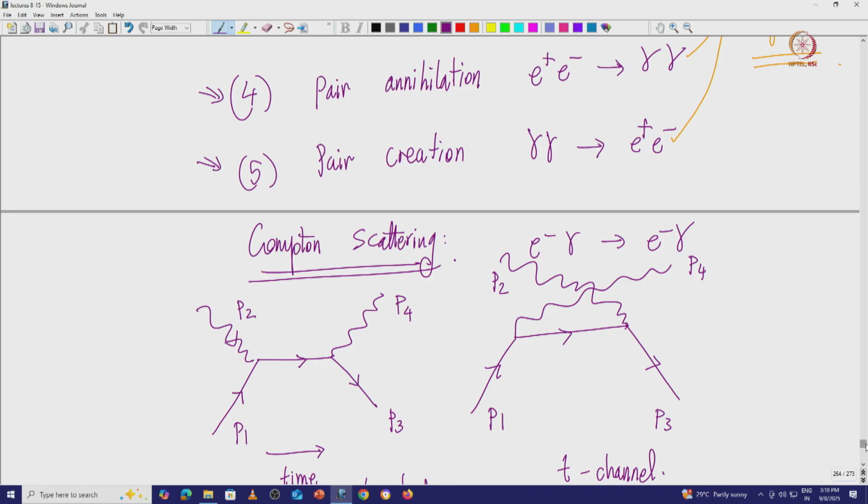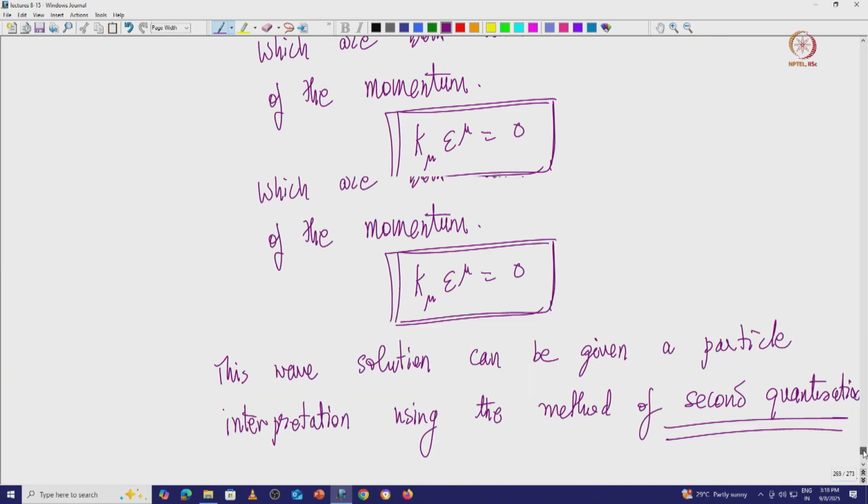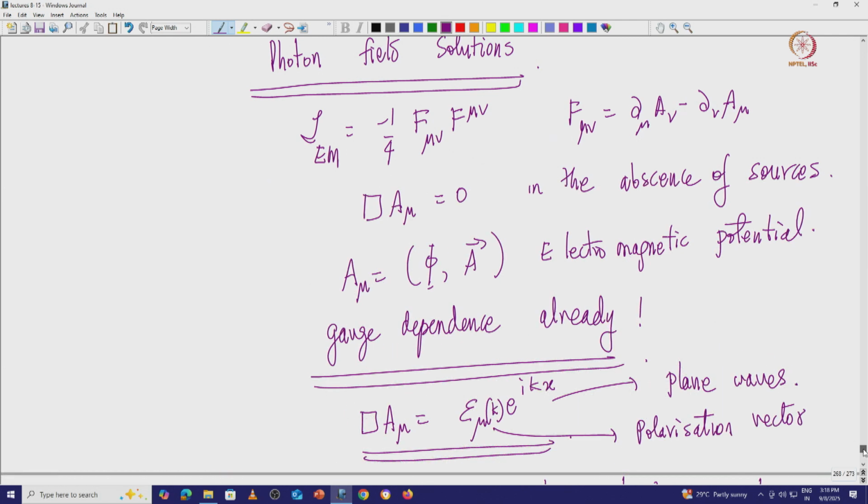After that I took a detour and showed that the photon field solutions can be quantized, but I did not go into the full details of the second quantization because I believe that would require a quantum field theory, which we will do in the next semester or something.